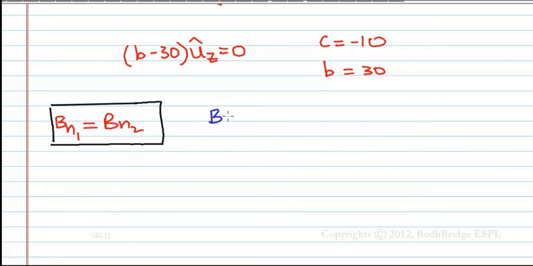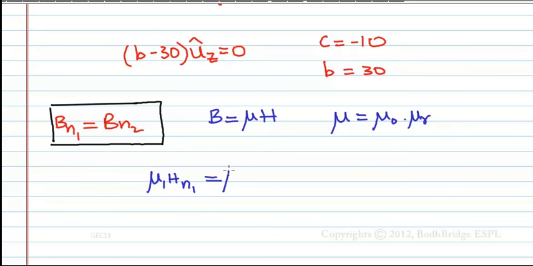What is b? B equal to mu into h. This you may know. And what is mu? Permeability equal to mu naught into mu r. This is also known. What is bn1? Bn1 is the normal component. First of all, mu 1 into hn1 is equal to mu 2 into hn2.